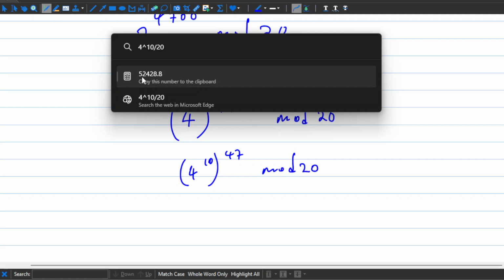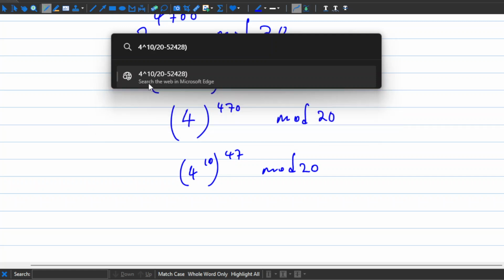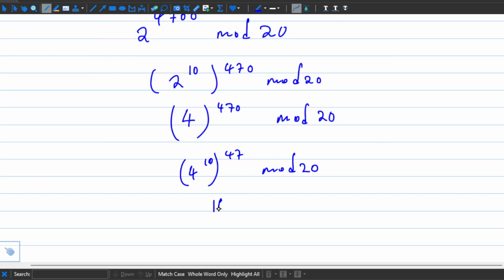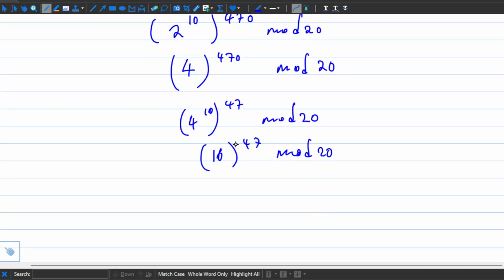That is 524288.5. Then I get my final answer, 20. So I get 16. So 16 to the power 47 mod 20. I could further decrease this.